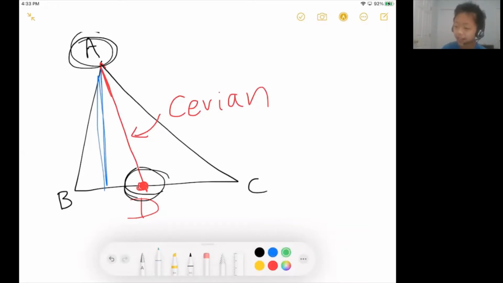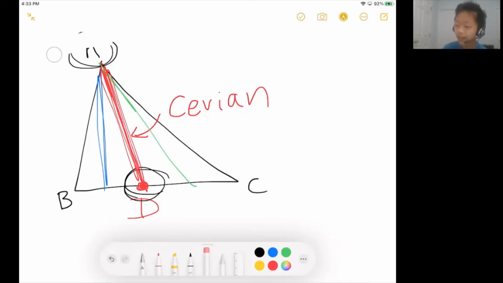This green line is also a Cevian. So there are infinitely many Cevians. Not really sure how you pronounce it, but something like that. That's the first important term that you might hear. Clearly here, this line AD in red is a Cevian of the triangle.